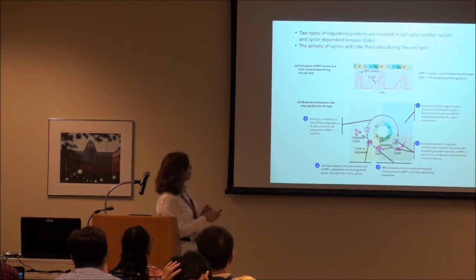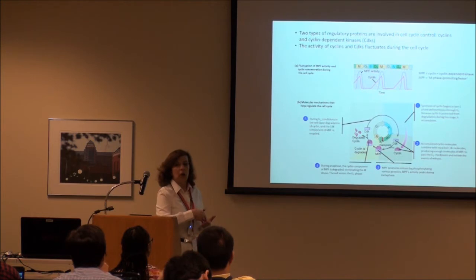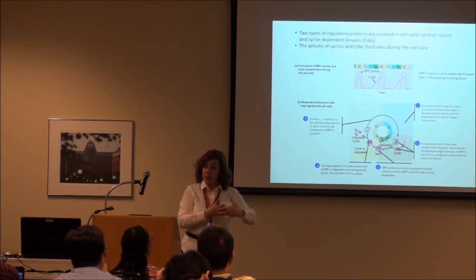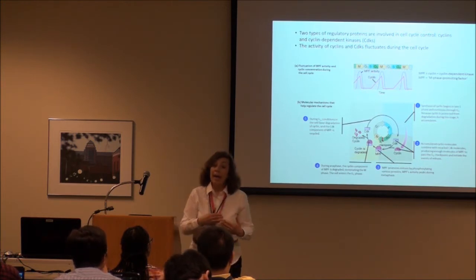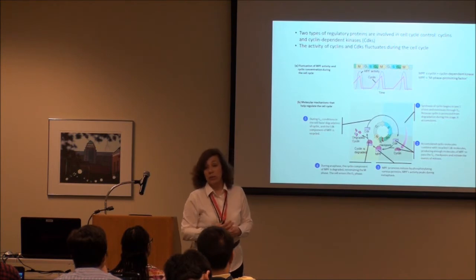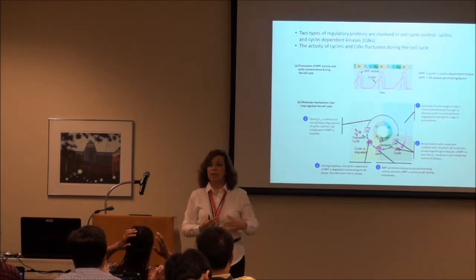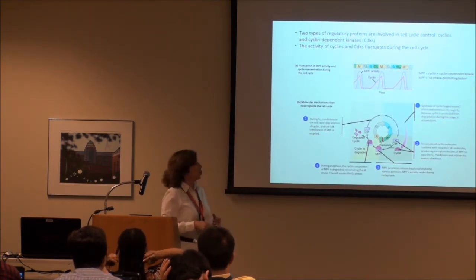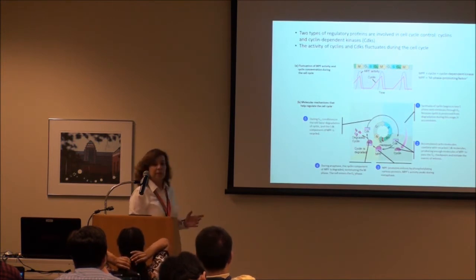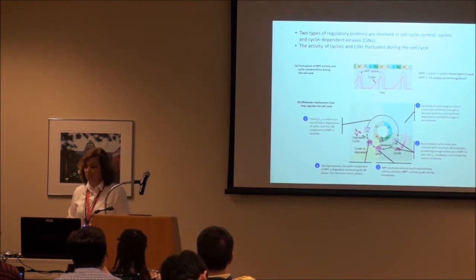So if the levels of cyclins are increasing, they're forming the complex with the enzyme and starting the process of cell division. If the cyclin levels are low, then there is no complex and cell division does not go on.